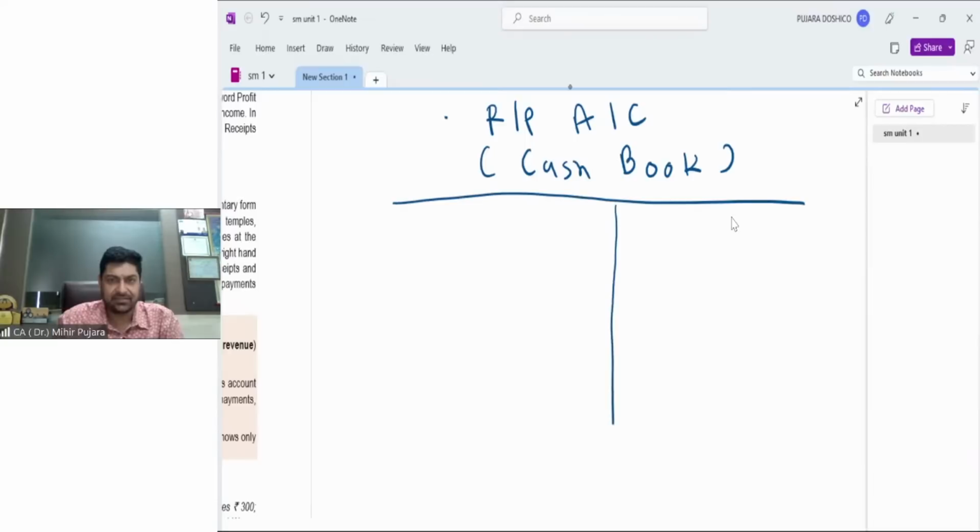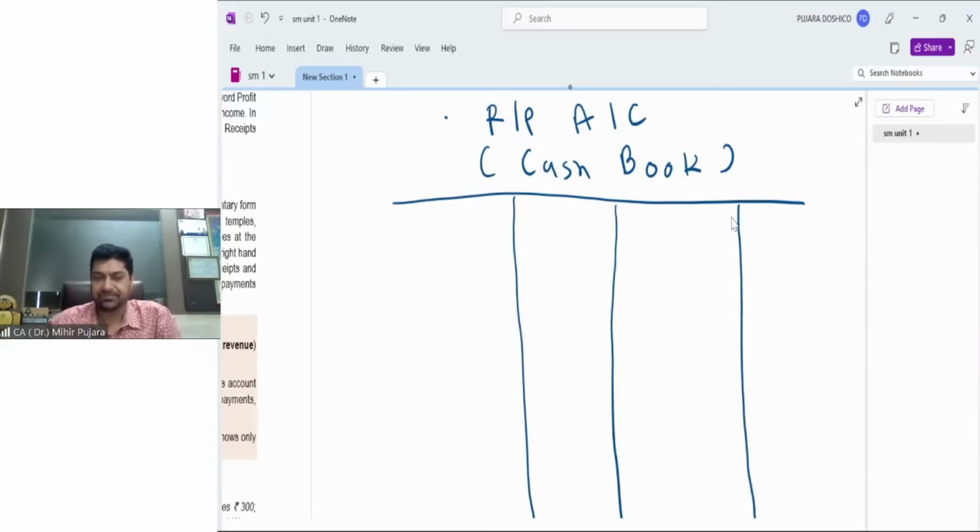Now, this is debit side, this is credit side, this is receipts, this is payment side.